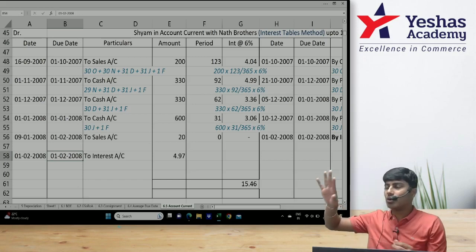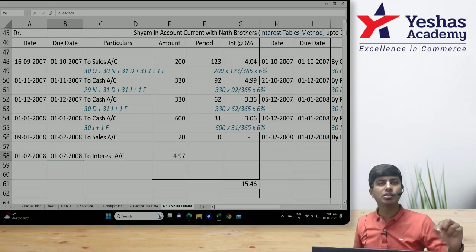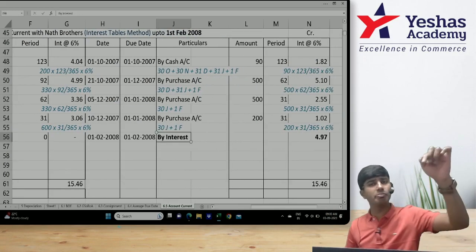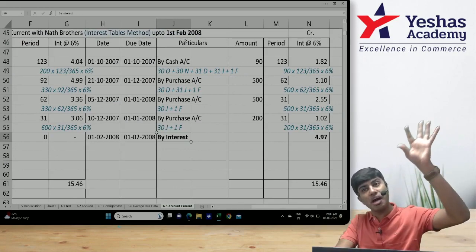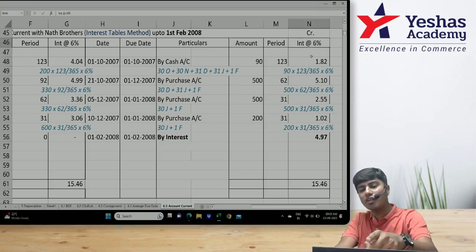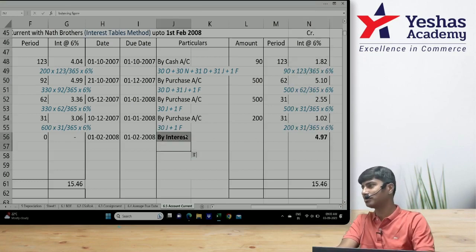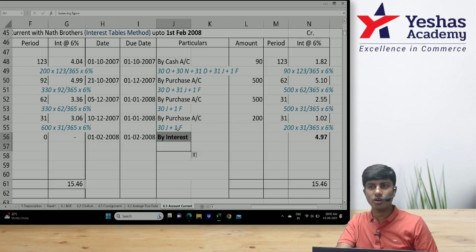In the interest account, if you write by Sham, in Sham's account you should write to interest. Then you will say, sir, why did you write by interest here? This is not the interest ledger. This is Sham's account, within which I've just drawn one extra column. So in Sham's account, I can't write by Sham, so I'll write by interest. Got it?